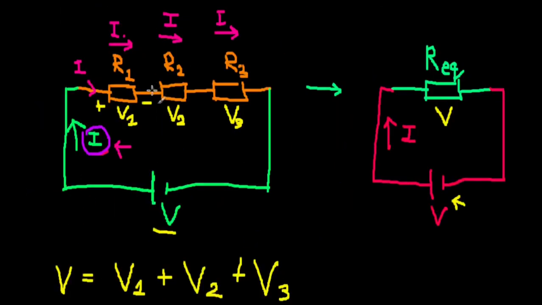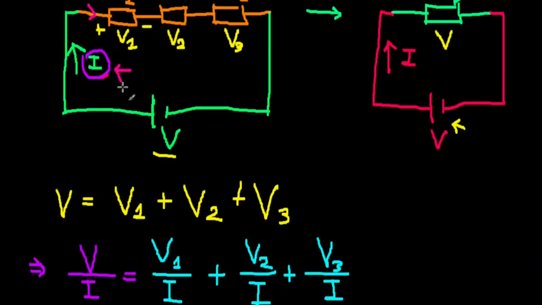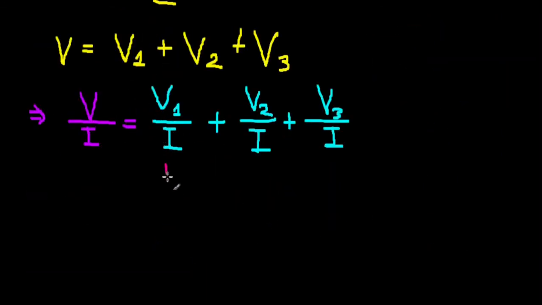So what is V1 by I? The voltage across resistor R1 divided by the current through it is, by Ohm's law, going to be the resistance, which is R1. The same thing happens here: the voltage across R2 divided by the current through it is going to be R2, and this is R3.